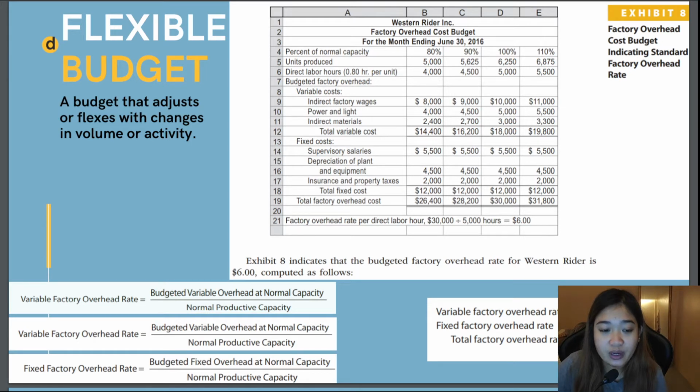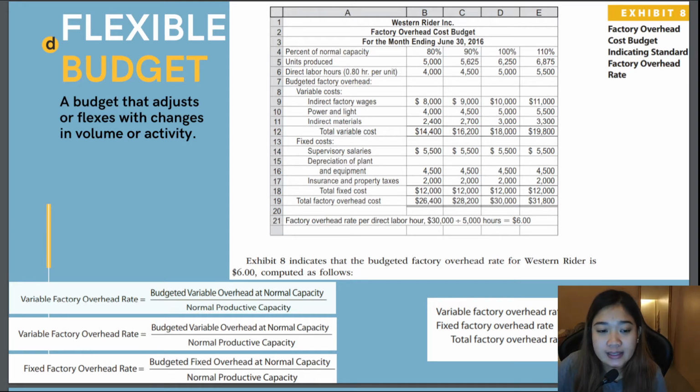And for the fixed factory overhead rate, we have to get the budgeted fixed overhead at normal capacity over the normal productive capacity, which we have in Exhibit 8: 12,000 total fixed cost, and again over direct labor hours, which we have $2.40 per direct labor hour.